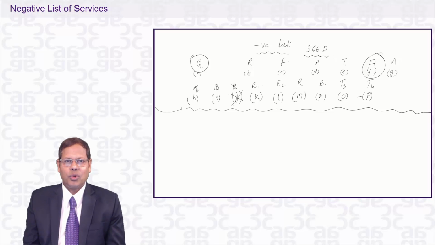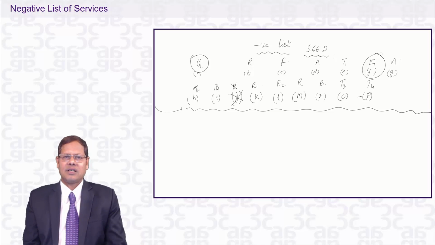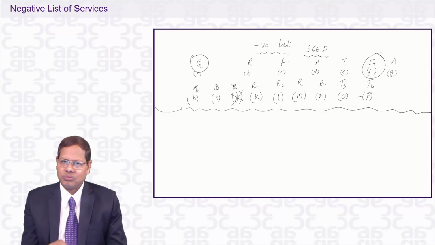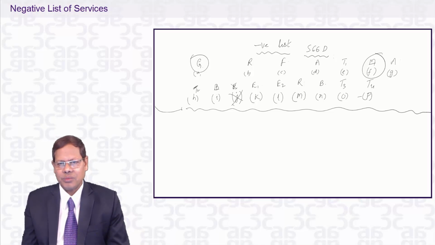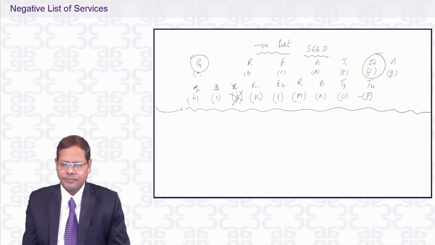Okay, that is more to retain, more to read, remember, and recollect than to explain anything, because hardly is there any concept except connecting it to the mega exemption and negative list. So negative list plus mega exemption put together gives you a picture.